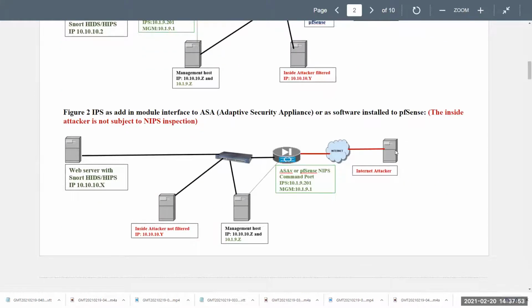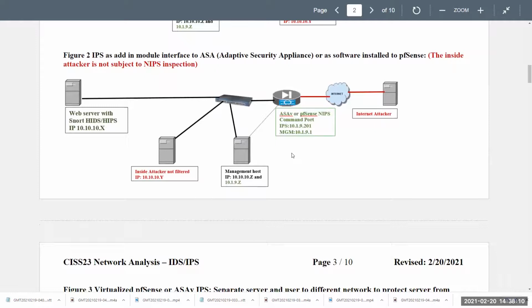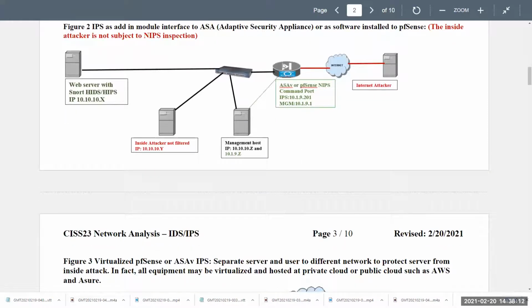Now, as the industry evolved, we actually started to integrate the IDS and a lot of other functions into a single box. We call it security appliances. So in this second variation in figure 2, we do also have a box.